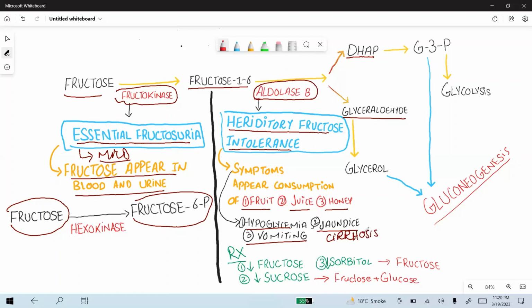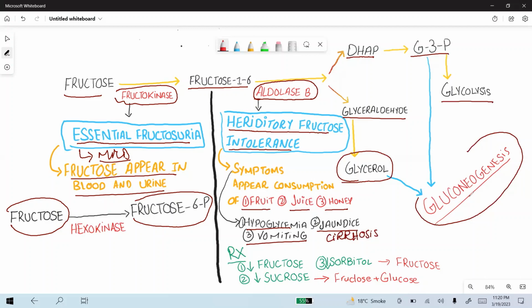Dihydroxyacetone phosphate is converted through G3P, which may be utilized in the glycolysis pathway or in gluconeogenesis. Glyceraldehyde is ultimately converted to glycerol, and this glycerol is again utilized in the gluconeogenesis pathway.